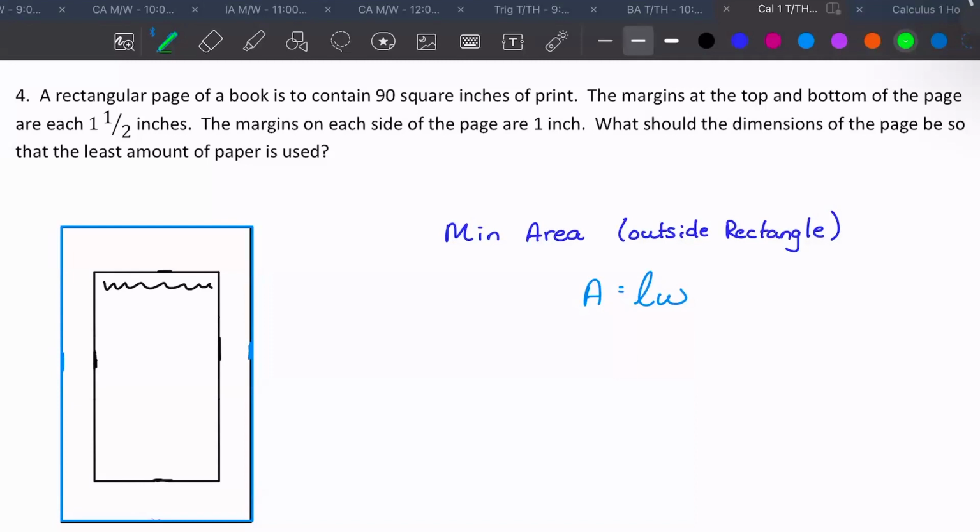So you want to find the minimum area. So we want to minimize the area of the outside rectangle, the blue, because we want to use the least amount of paper. Okay. Well, now we're back to areas, length times width, right?